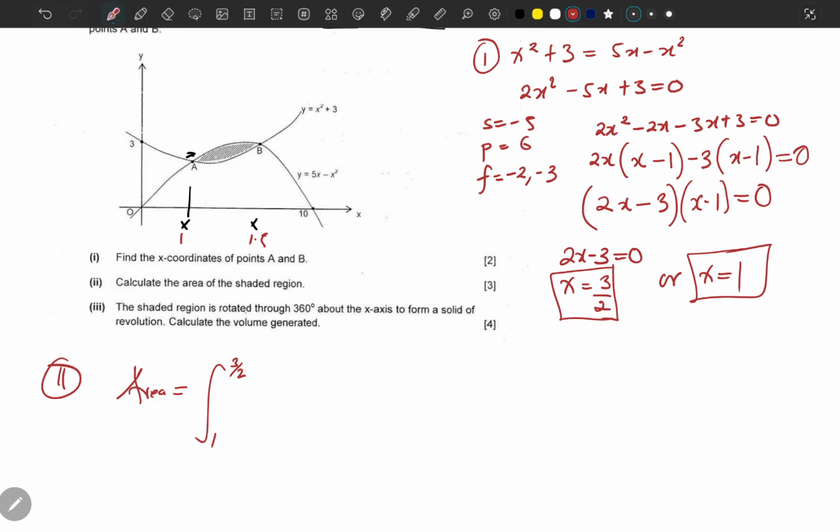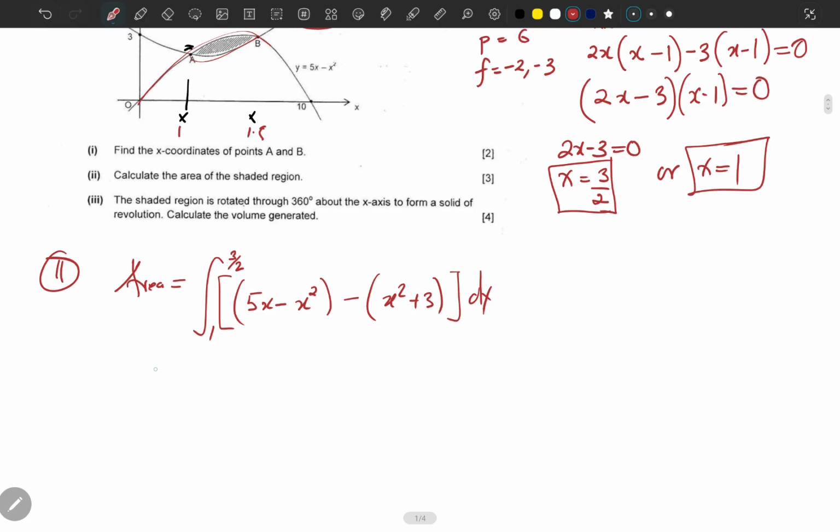Check, the one which is on top of the other is what you start with, then end with the one which is down. So the one which is on top is 5x minus x squared. The order matters. There's a minus. The one which is at the bottom is x squared plus 3. Then you say dx.